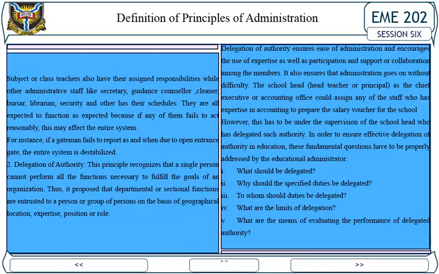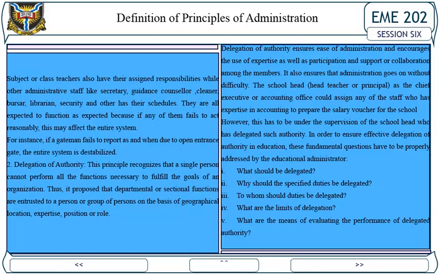They are all expected to function as expected because if any of them fails to act reasonably, this may affect the entire system. For instance, if a gateman fails to report as and when due to open the entrance gate, the entire system is destabilized.